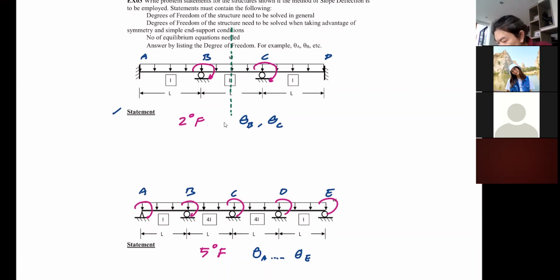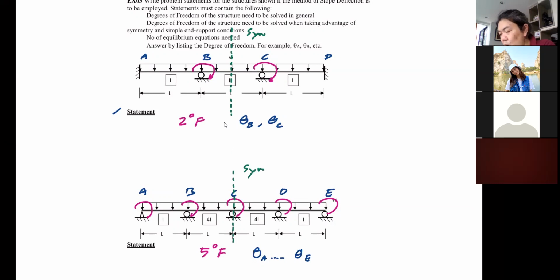And right here, this is the line of symmetry. So when you fold them, if you fold E onto A, everything looks exactly the same. Am I correct? Yes, this is the line of symmetry.